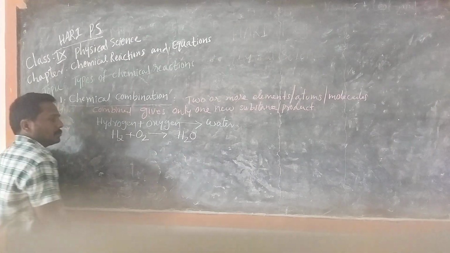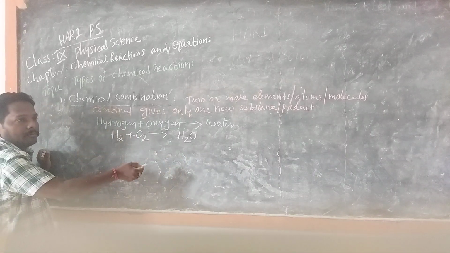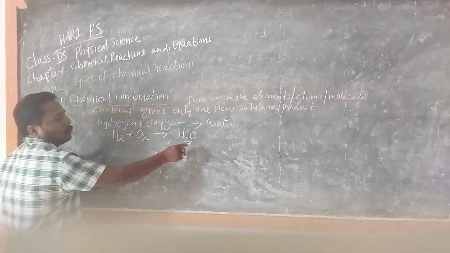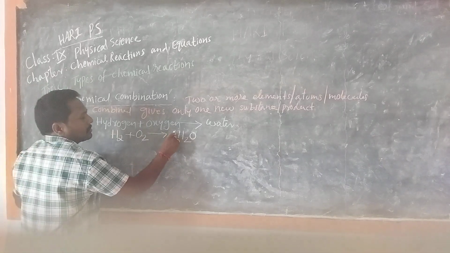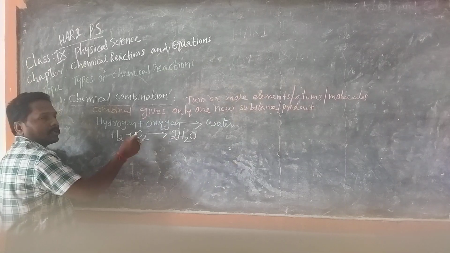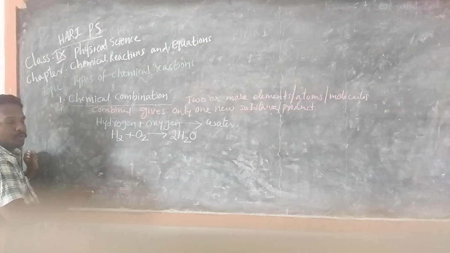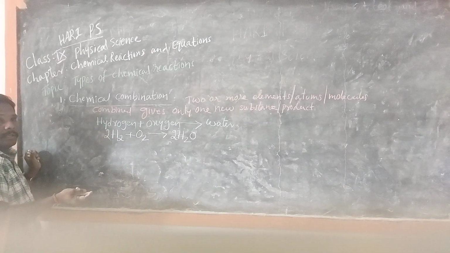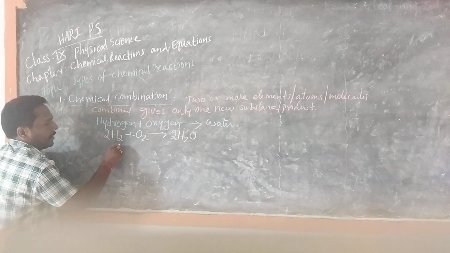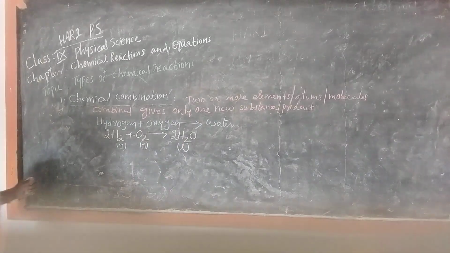Two hydrogens on the reactant side and in the product side are the same, but coming to oxygen, there are two oxygens on the reactant side and only one in the product side. So multiply H2O with 2. Then the product side has 4 hydrogen atoms but the reactant side has only 2, so write 2 before hydrogen. Then make the chemical equation more informative by representing the physical states: hydrogen is a gas, oxygen is a gas, and water is a liquid.